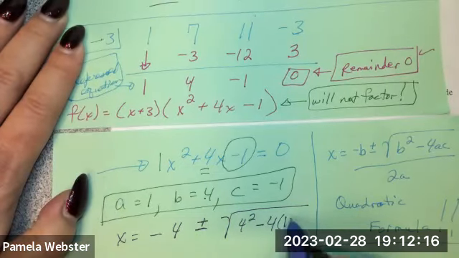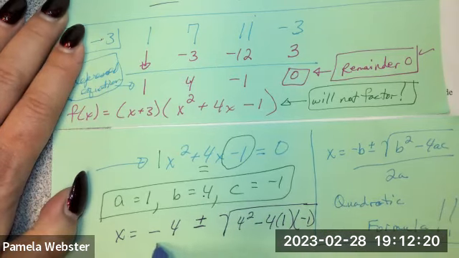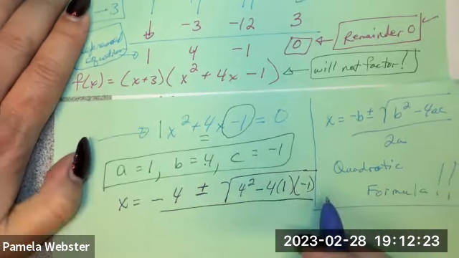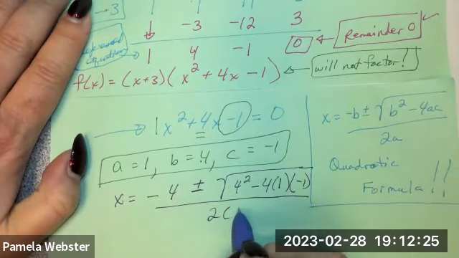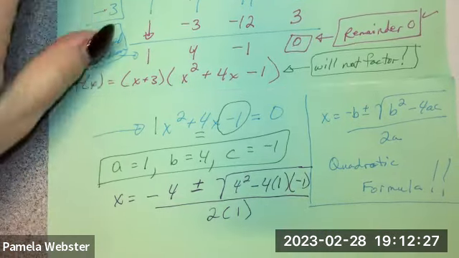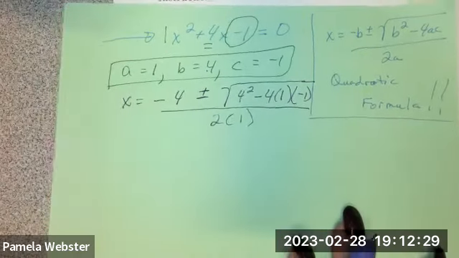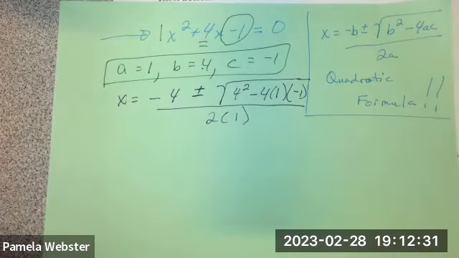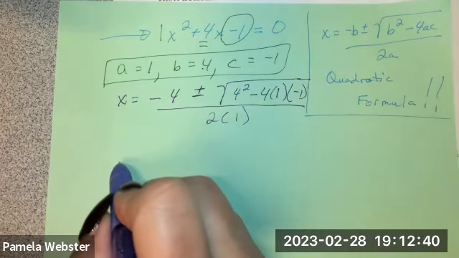The a was a 1 and the c was a -1 all over 2 times a, well, the a was a 1. All right, there we go. Scoot that up. All right, and then it just becomes a matter of how good are your quadratic function skills, right? So how good is your arithmetic, basically?